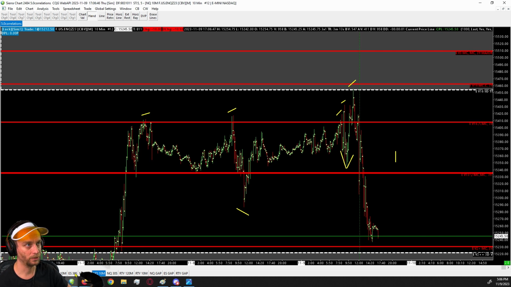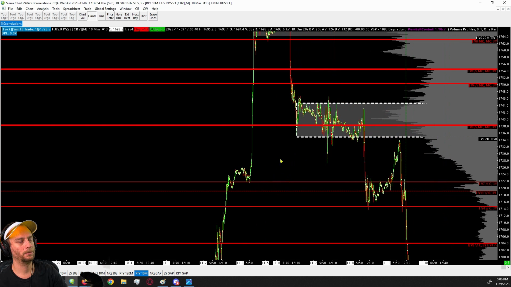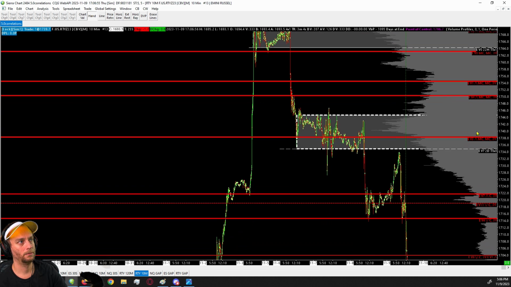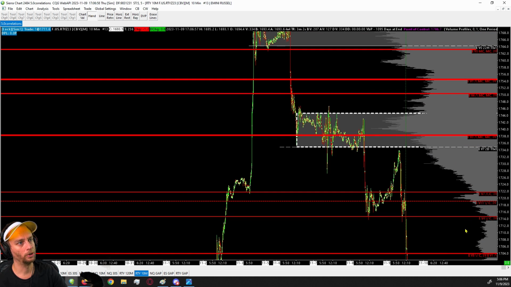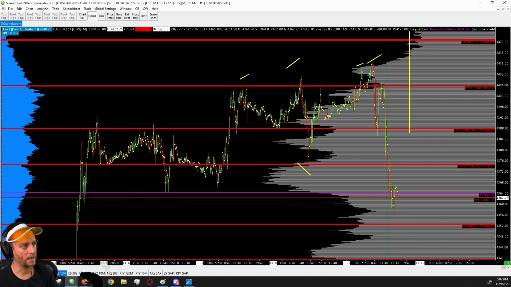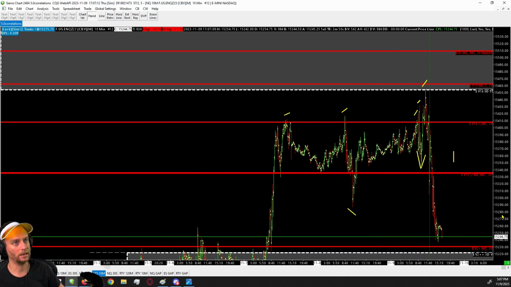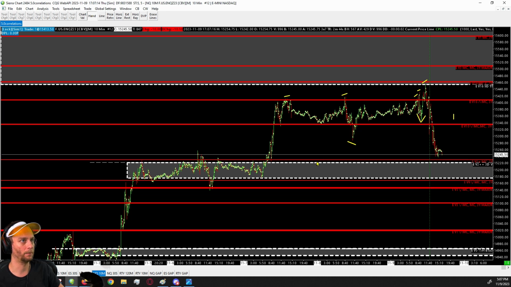However, let's continue. So now let's take a look at Russell, right? It's been ranging lower and lower. And since Russell has been continuously ranging lower and lower day after day, whereas ES hasn't, and NQ hasn't either, NQ and ES have kind of drifted up.